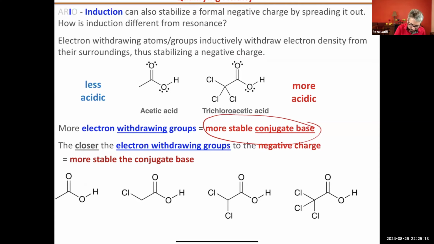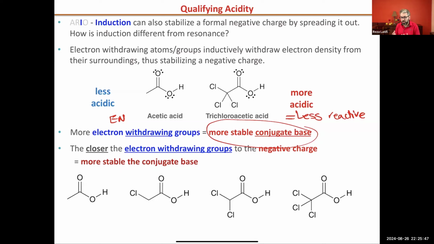How about this? Less reactive. Why? Because in order to react, you need to have electrons. If somebody is stealing your electron, you don't have electrons to get involved in any chemical reaction. Your electrons are shifted to another side. You don't have much tendency to react.